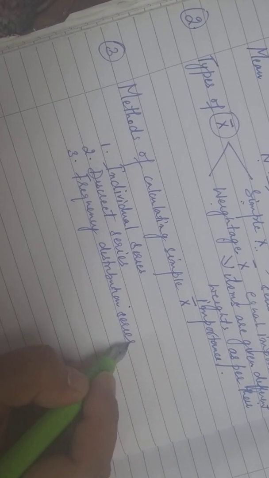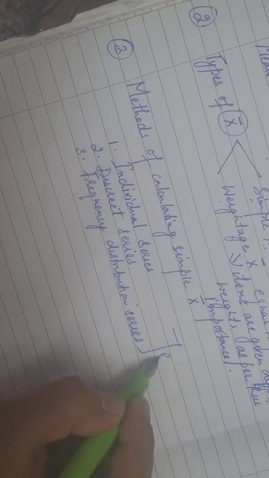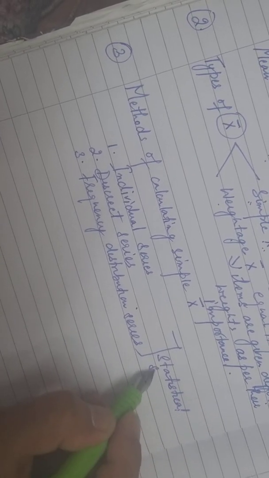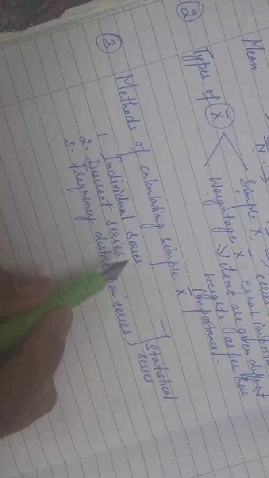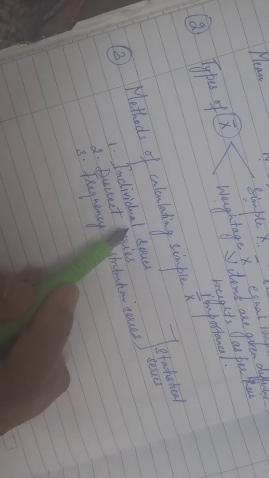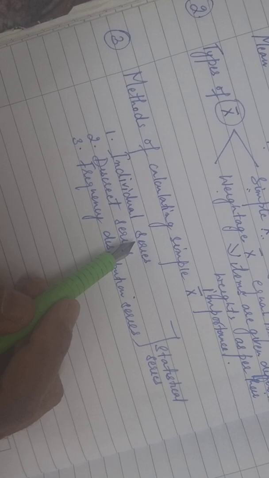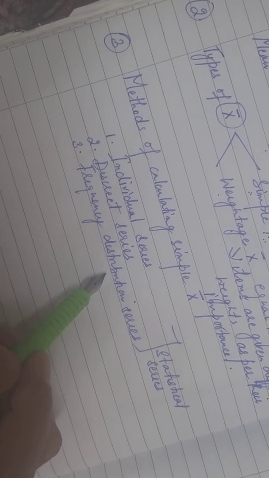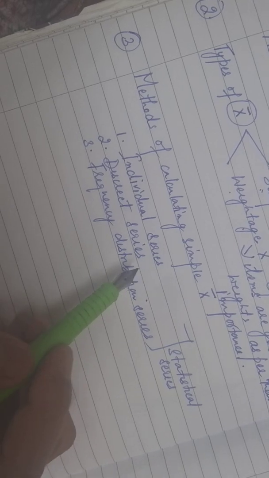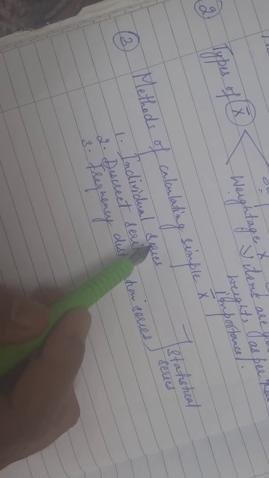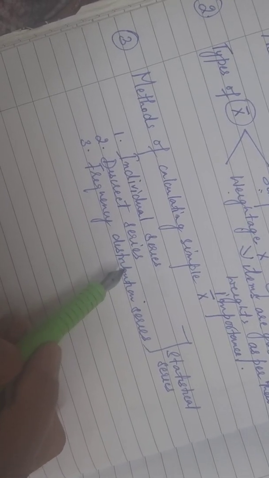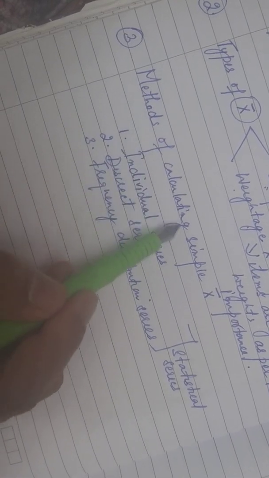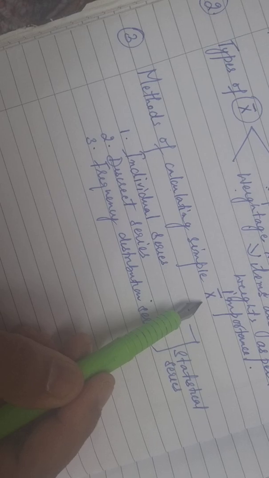So these 3 are the statistical series. I have taught you in depth about these 3 things before. Now the same thing we are going to use in calculating simple arithmetic mean.